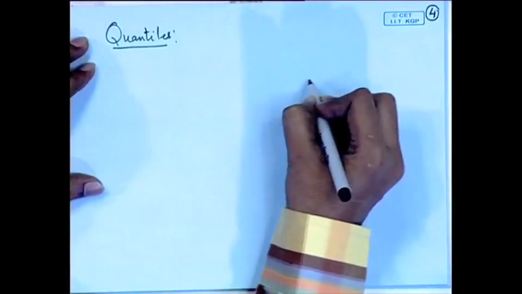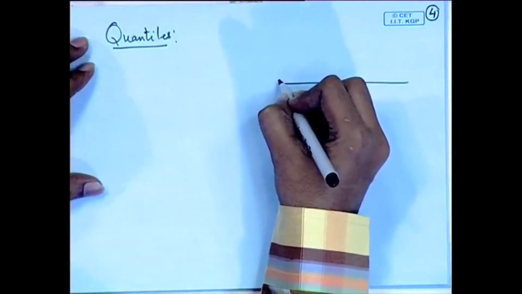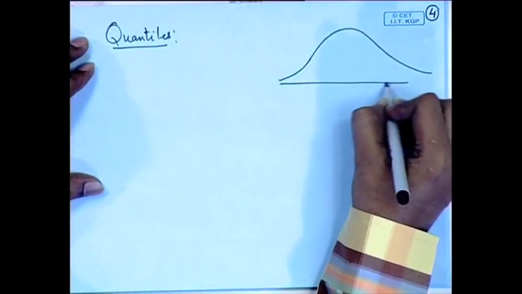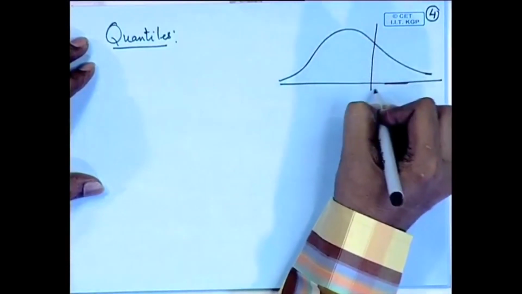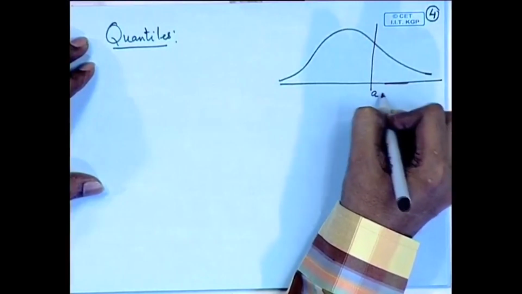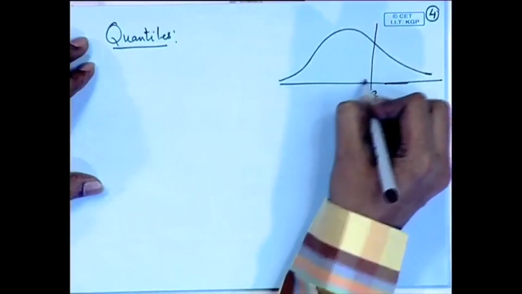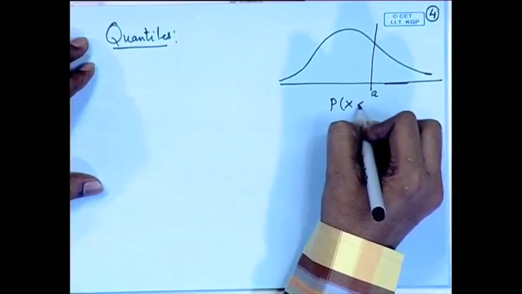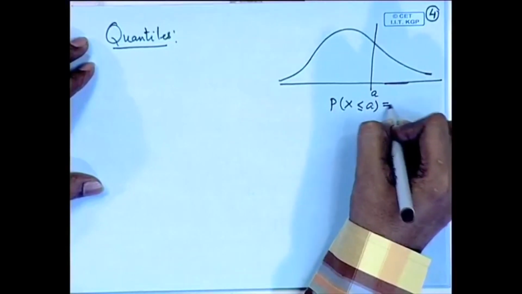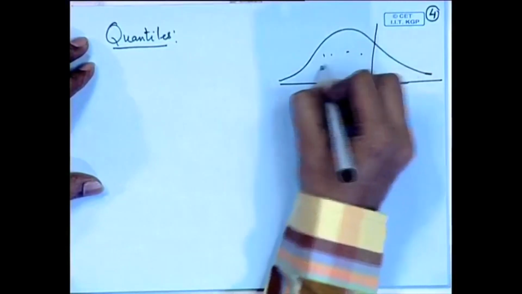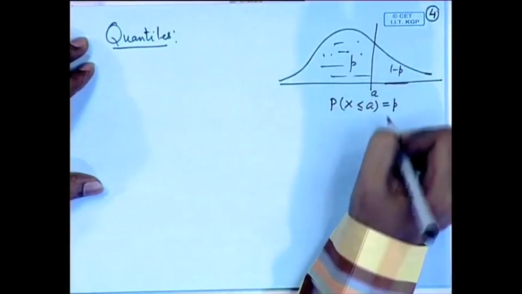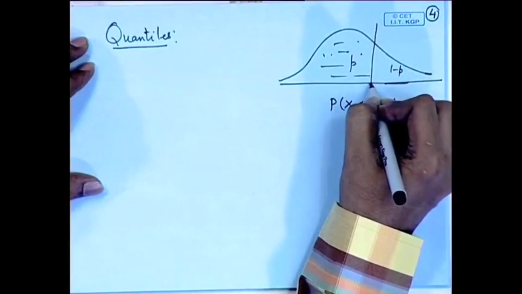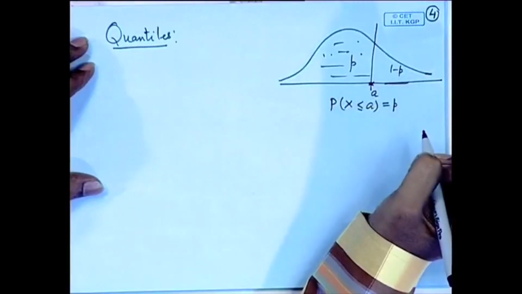To explain the concept, let us consider some distribution with a particular shape. Suppose I have a point here, let us call it say A, and if I say probability that x is less than or equal to A is equal to p, that means this weightage is p and this weightage is 1 minus p, then this A is called the pth quantile.